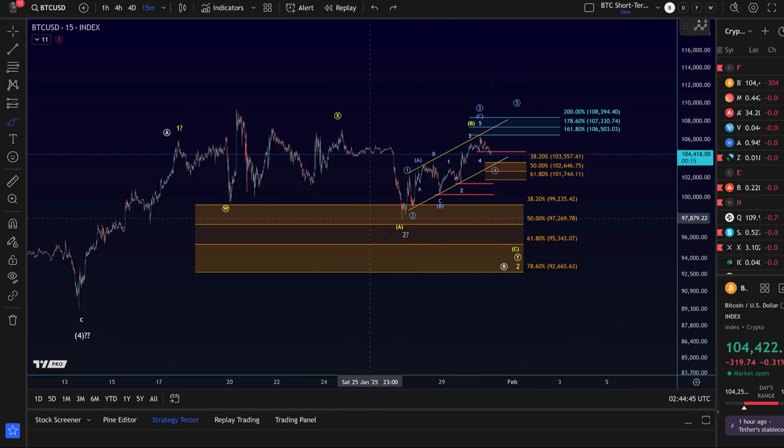Important is that the market reacted to this support area, held a couple of support areas here, so it's climbing higher, producing higher highs and higher lows. And this is the short-term bullish count. In this case, at the moment, we are waiting to see if the market can generate a 5-wave move up.